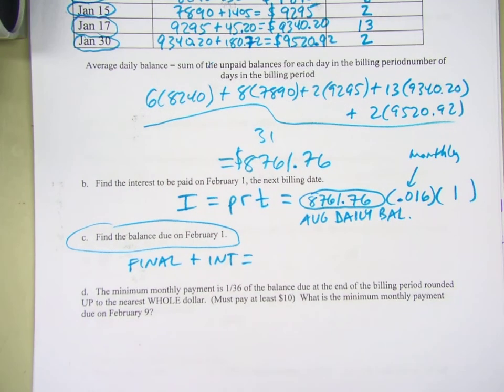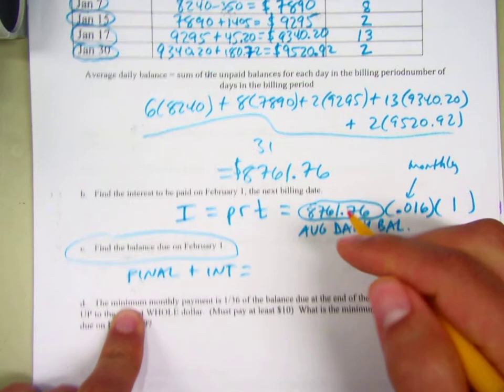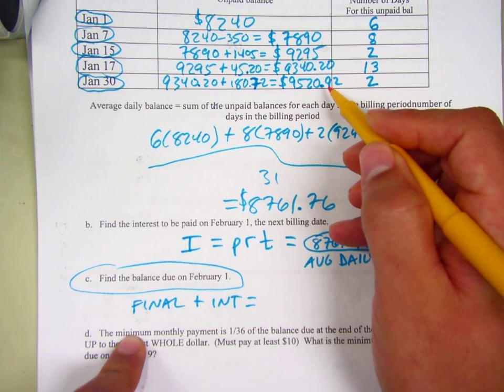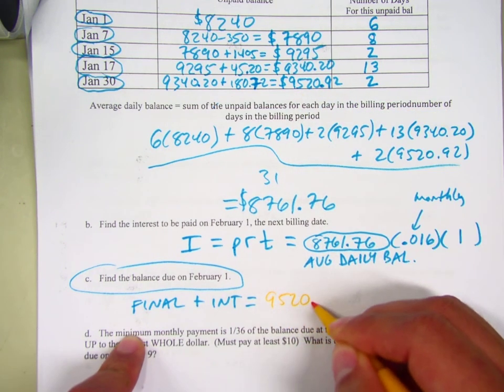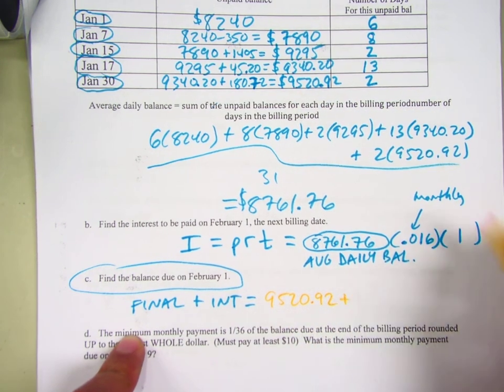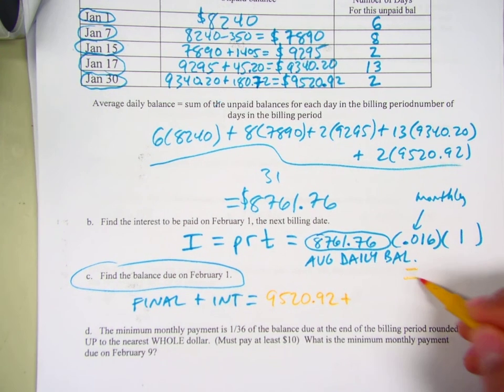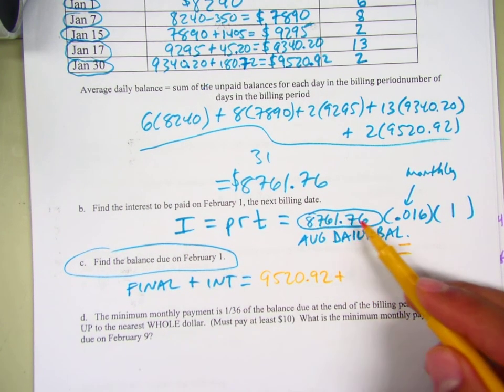Okay? So we take the final balance. Final balance is where my credit card landed at the end of the month, which is $95.20.92 plus the interest. Let's figure that out. I forgot to write it down. So if you actually multiply this out, how much interest are we going to get charged?